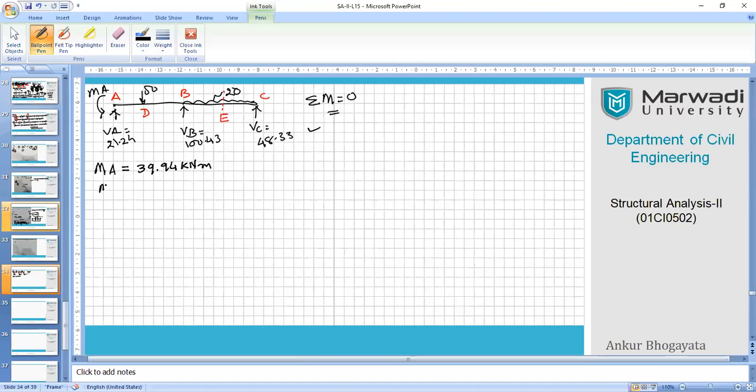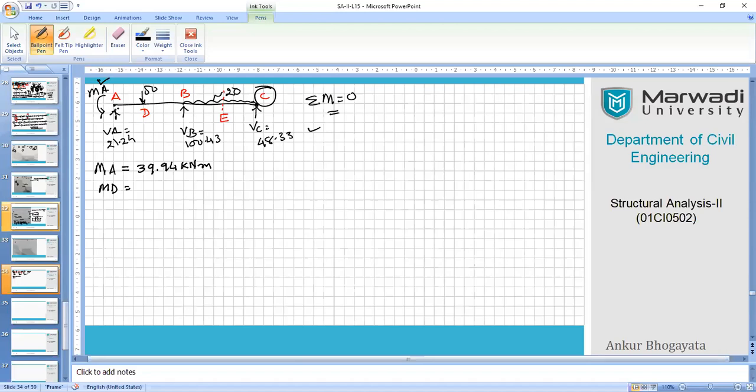I hope everybody has understood how the MA can be worked out. For those still not clear, let me give you tricks. You can take moment of all the forces about point C, or you may take moment of all the forces about point A, because anyhow MA is an externally applied moment, so it will be there in your equation.